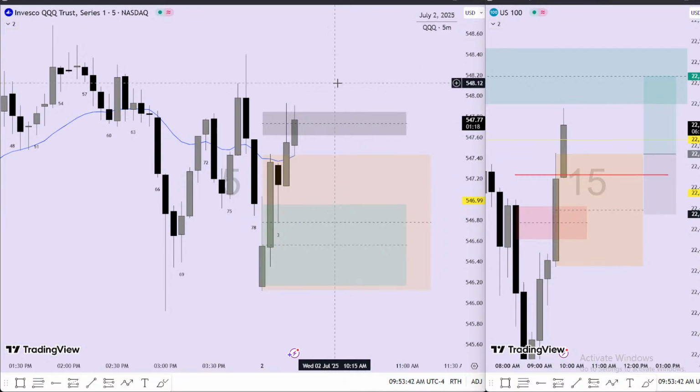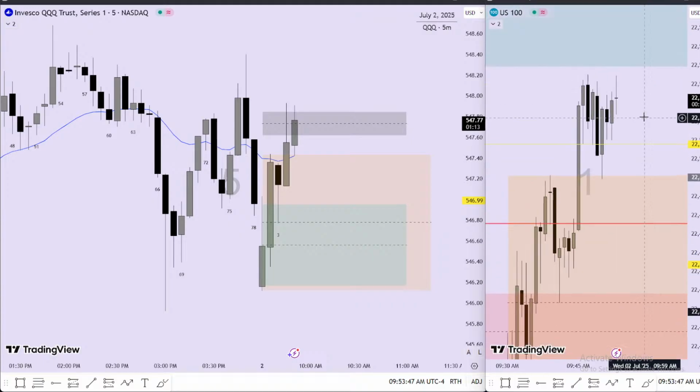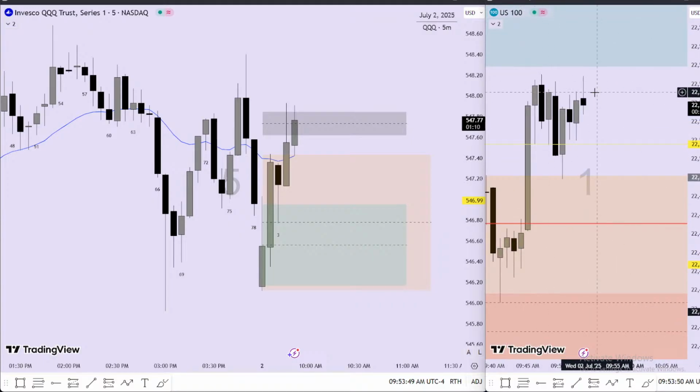This can be a failed bear flag on the 1 minute time frame. Making a bear flag on the 1 minute time frame.